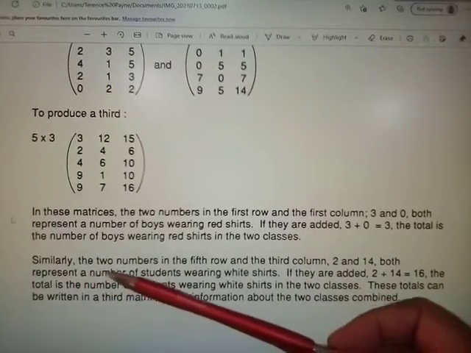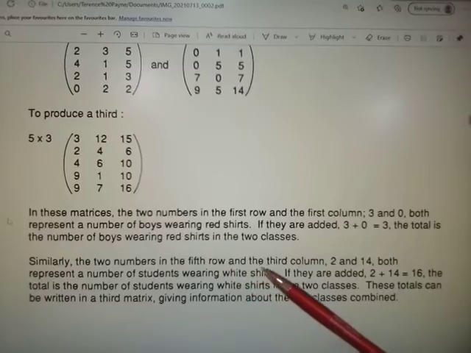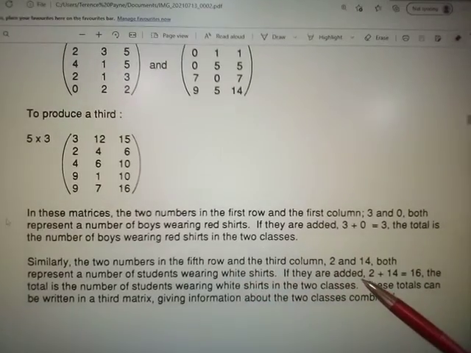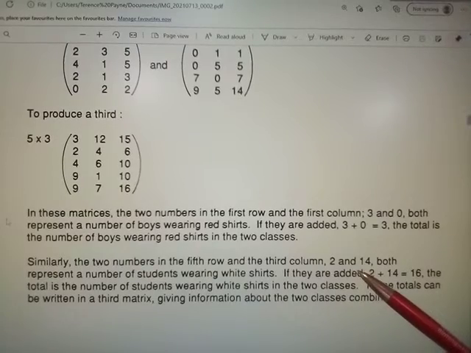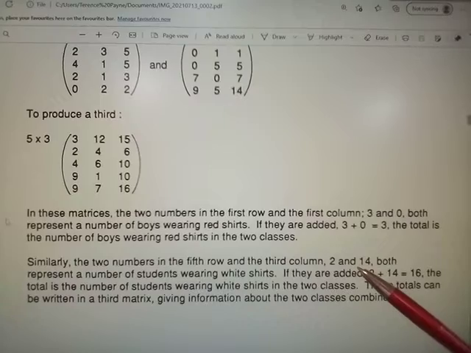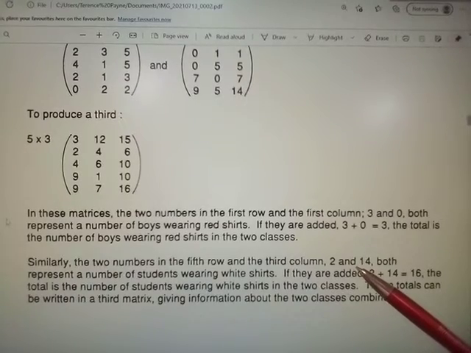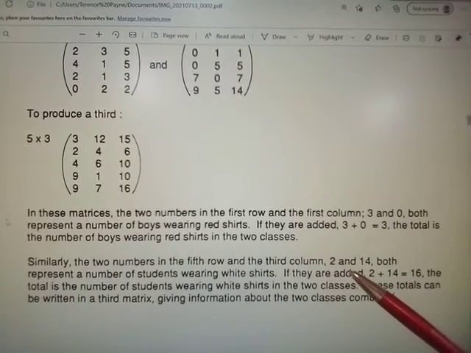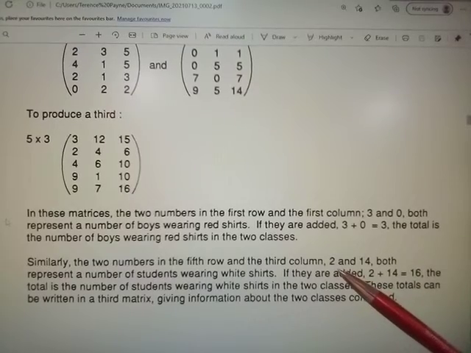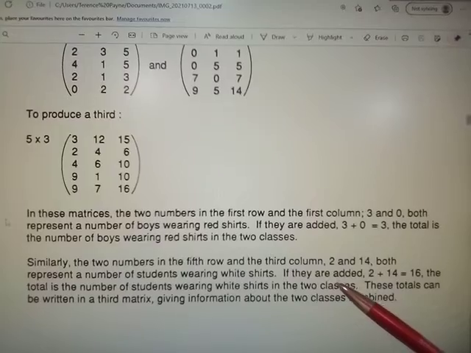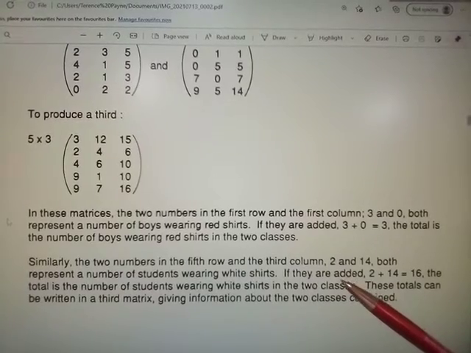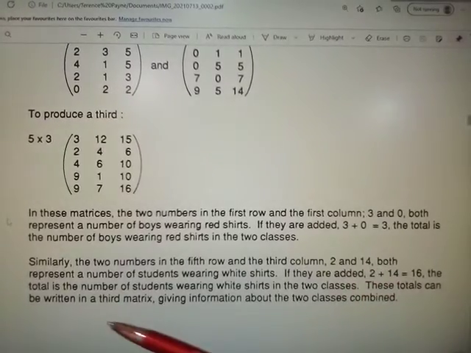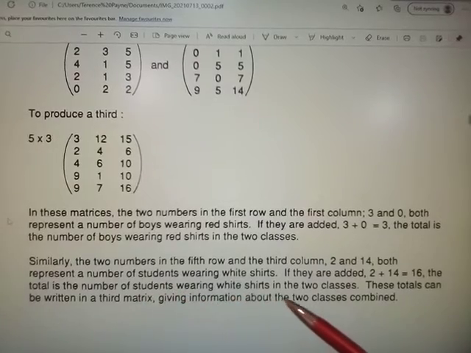Similarly, the 2 numbers in the fifth row and the 3rd column, 2 and 14, both represent a number of students wearing white shirts.